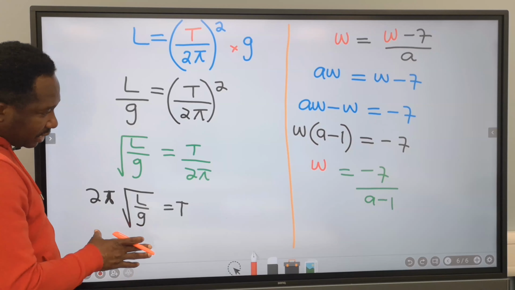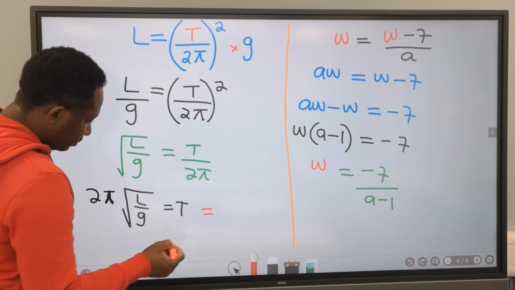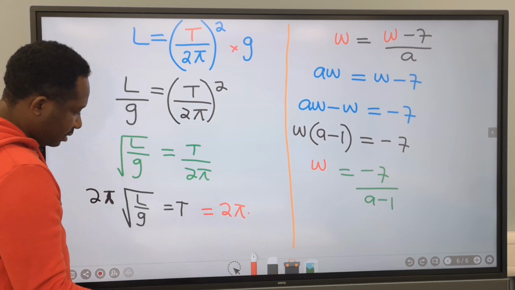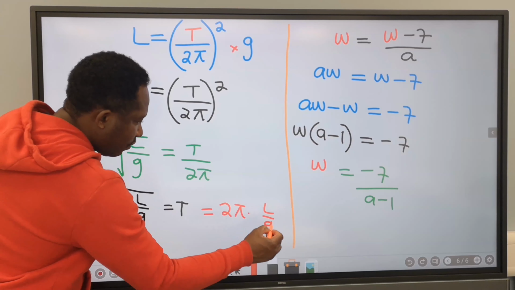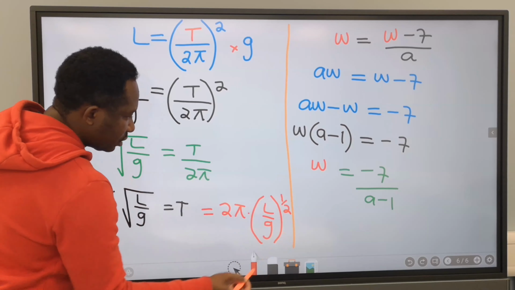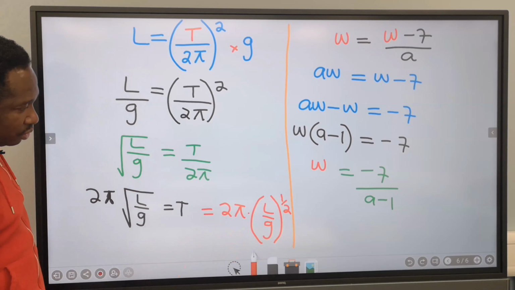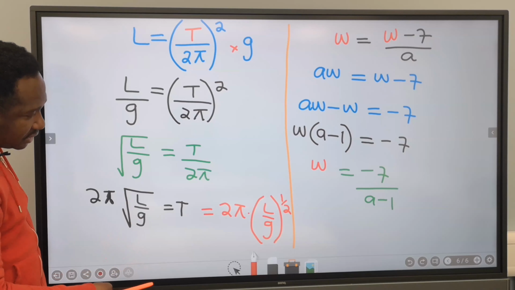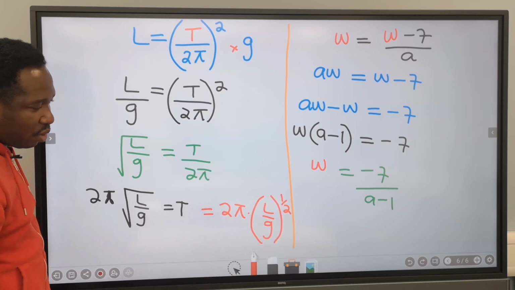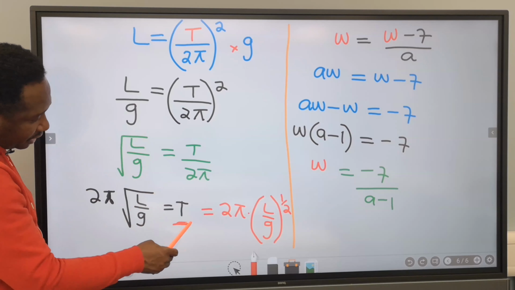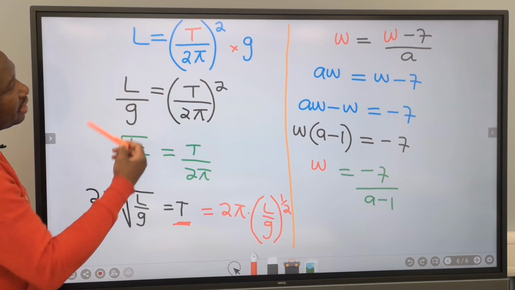I can rewrite this to be 2 pi multiplying L over G, all to the power of 1 over 2. This can also be our answer, because the square root of L over G is the same thing as L over G to the power of 1 over 2. We have made T the subject in this given equation.